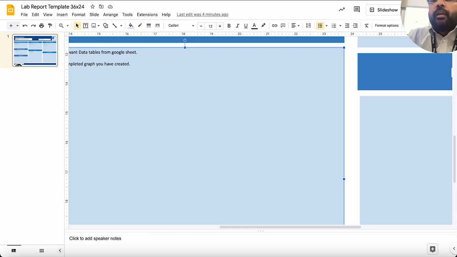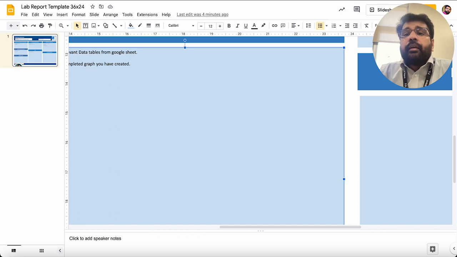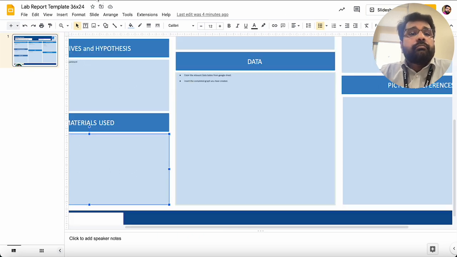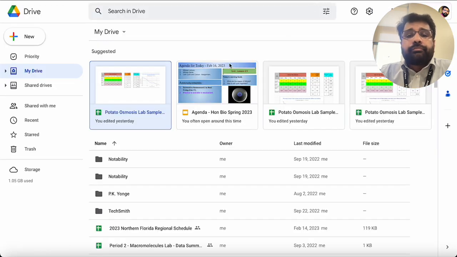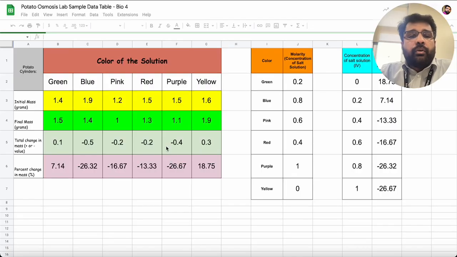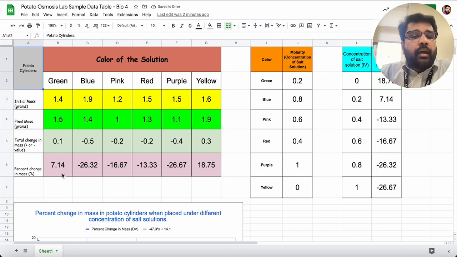So let me go back there again. In analysis, you're going to explain how you calculated the percent change in mass, how you got this total change in mass, and how you arranged these numbers here based on the color.